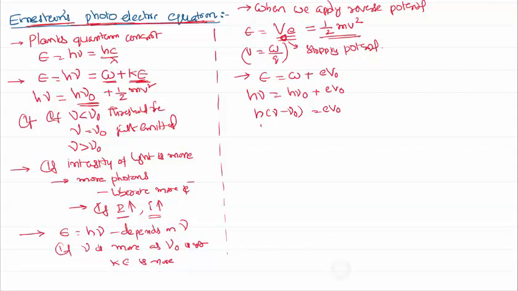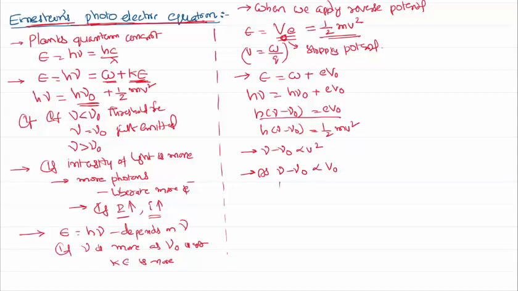Or you can also write h of nu minus nu naught is half m v squared. So we can write that nu minus nu naught is directly proportional to the square of the ejected electron's velocity. Now it's very clear that as nu naught is fixed, nu minus nu naught is directly proportional to V naught.